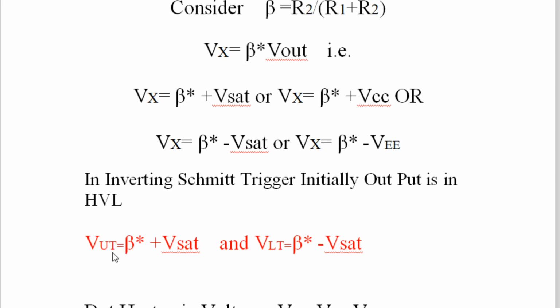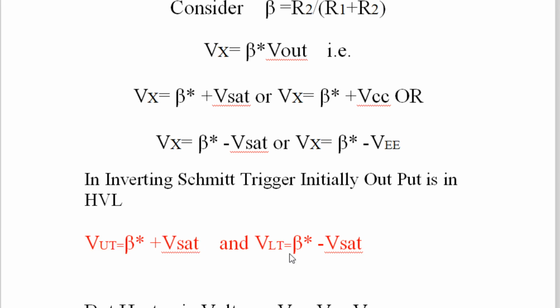When the triggering happens, the output changes from HVL to LVL at beta into Vsat plus. Here beta is half, and Vsat plus is 12 volt, which means 6 volt. So plus 6 volt is our upper trigger point.